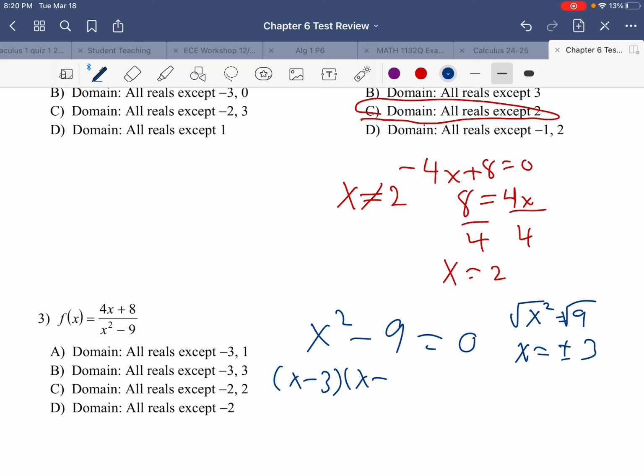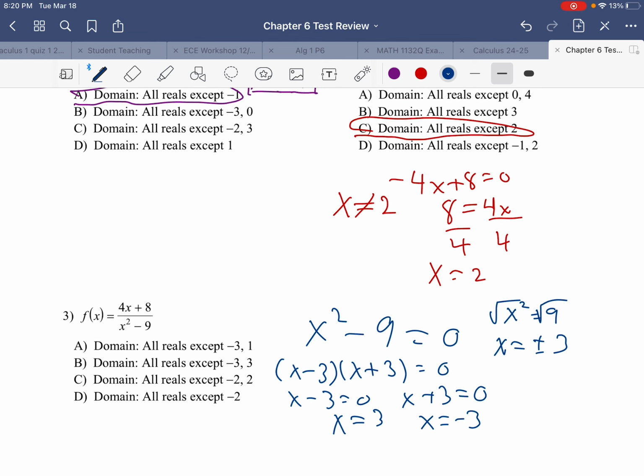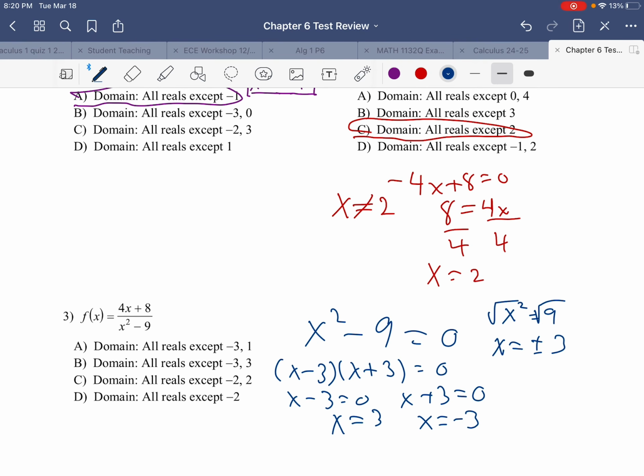It's the difference of perfect squares here. And then set each factor, x plus 3 and x minus 3, equal to 0. X equals 3. X equals -3. So in this example here, the domain is going to be all reals except -3 and 3.